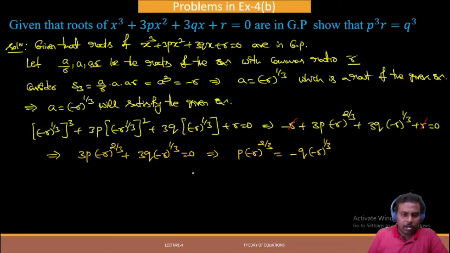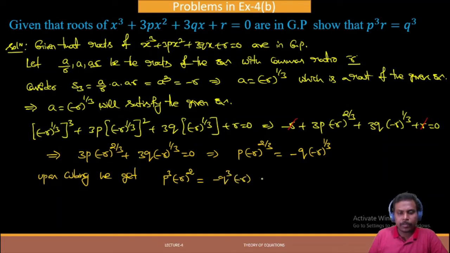So upon cubing we get p cube into minus r whole square is equal to minus q cube into minus r.